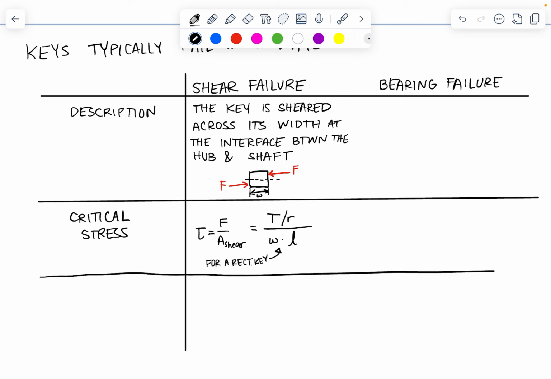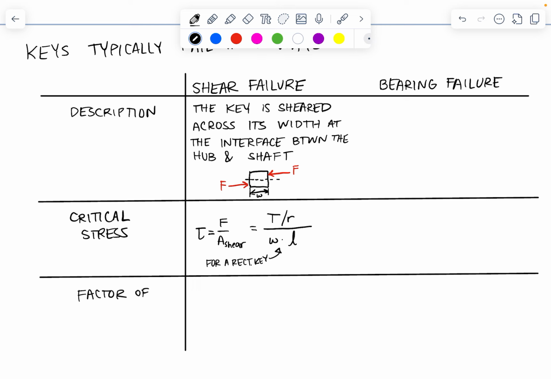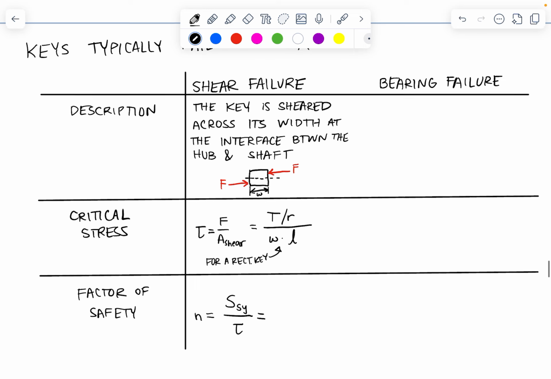Okay, and then we can take that critical stress and calculate a factor of safety by comparing that stress to a strength value. So comparing the shear stress to the shear yield strength will give us a factor of safety guarding against yield by a shear failure mode.